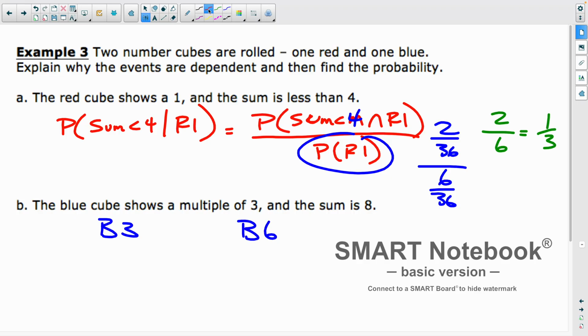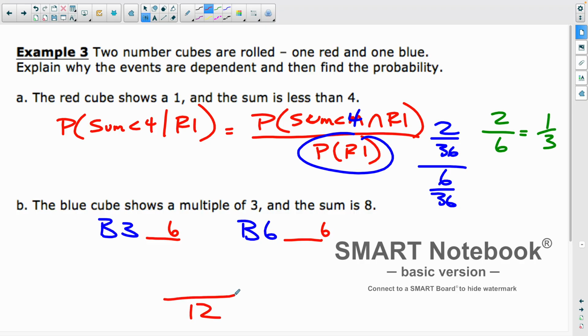Now, if I roll a blue 3, how many options do I have on the red one? How many total options do I have? 6. I have 6 total options on that one, correct? If I roll a blue 6, how many total options for the red one do I have? 6 again. So how many are in my sample space? 12.